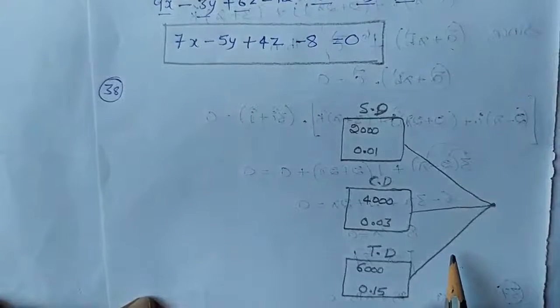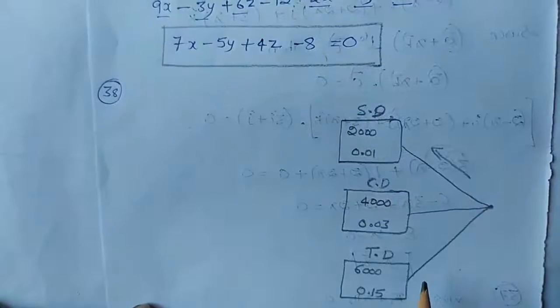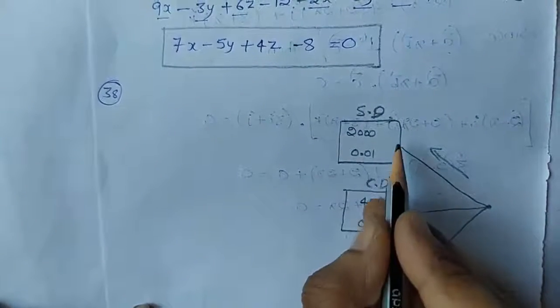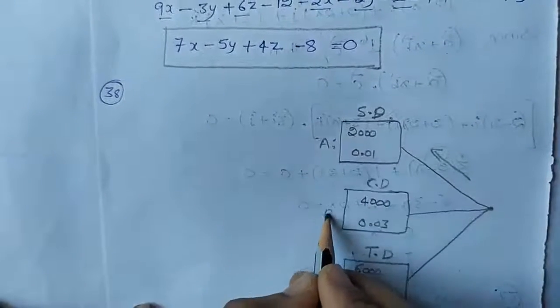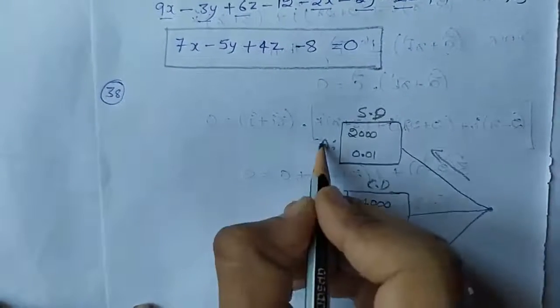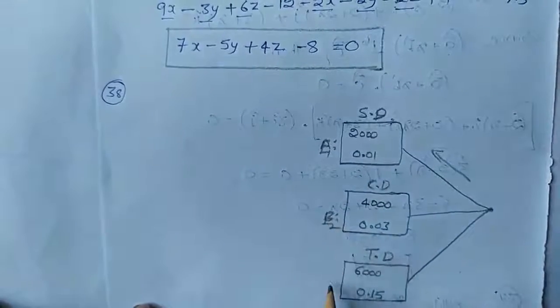What is the probability that he is a scooter driver? We have to find P of E1 by A. This event we will consider A, B, and C, or we will take E1, E2, E3.